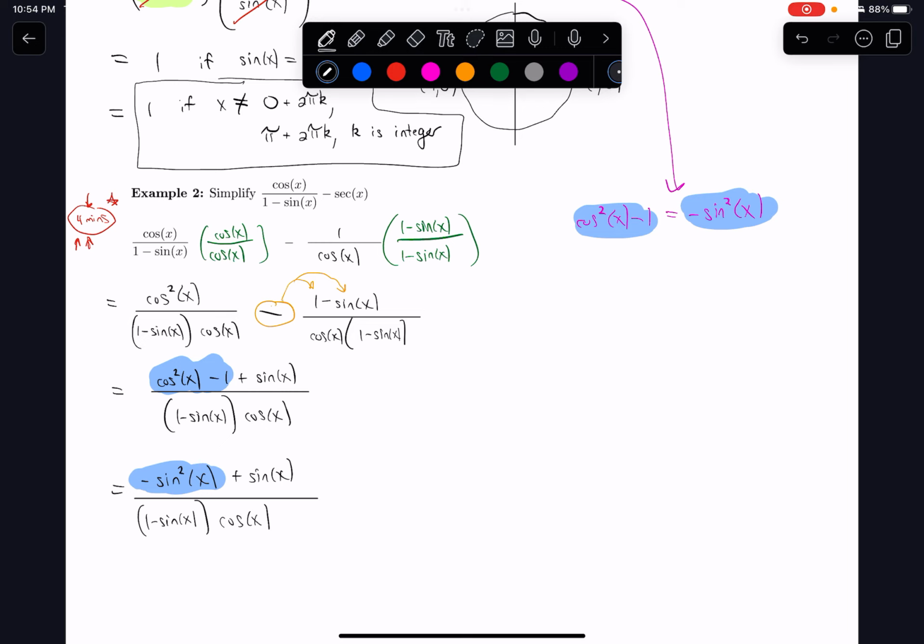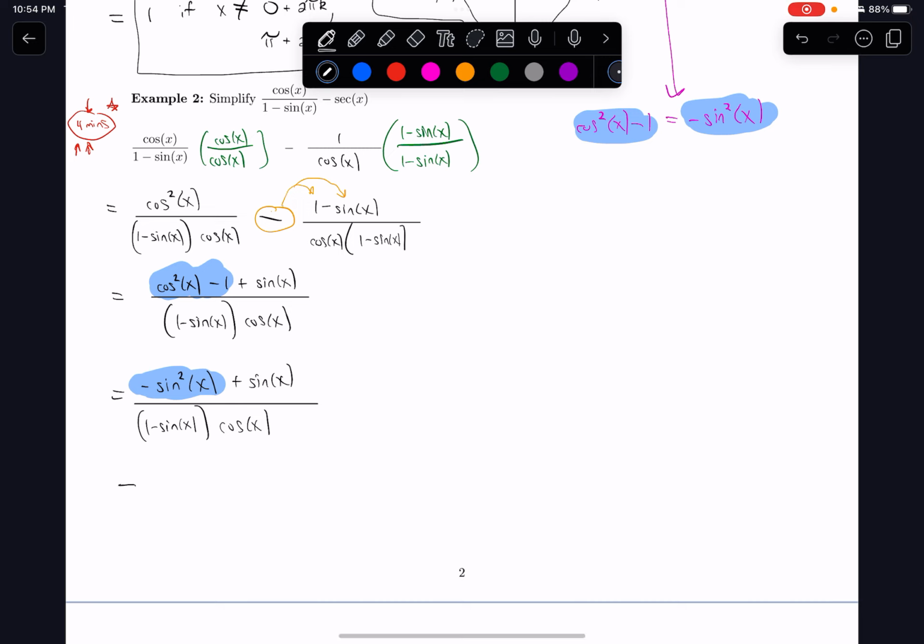All right, so now I see both of the terms on the numerator have a sine x in common, so let's factor out a sine x. If I factor out sine x, then from the first term, I'm left with minus sine x. From the next term, I'll be left with plus 1. Okay, and then all over my denominator, which is 1 minus sine x times cosine x.